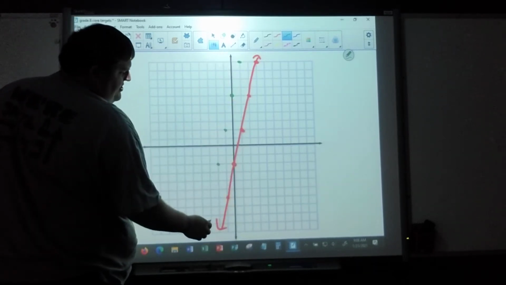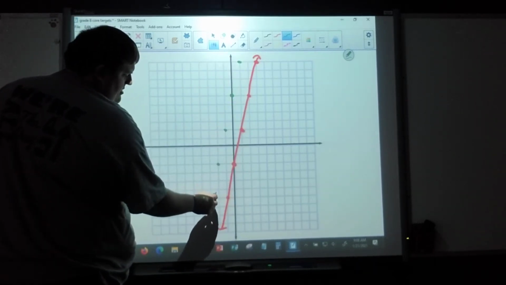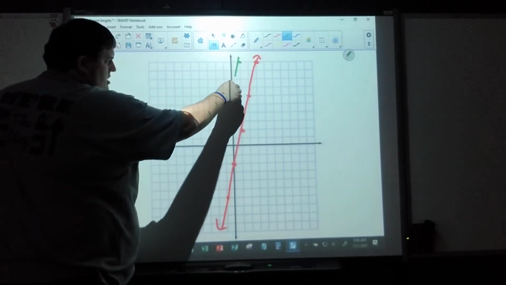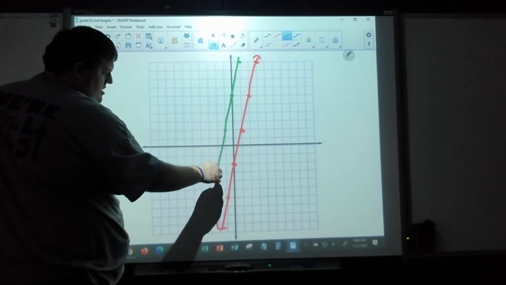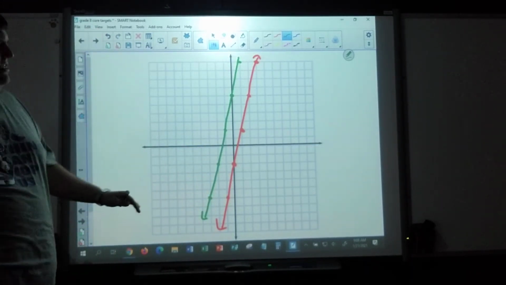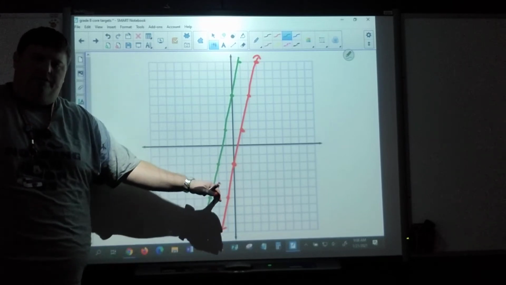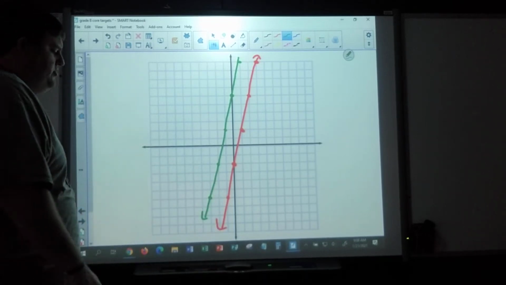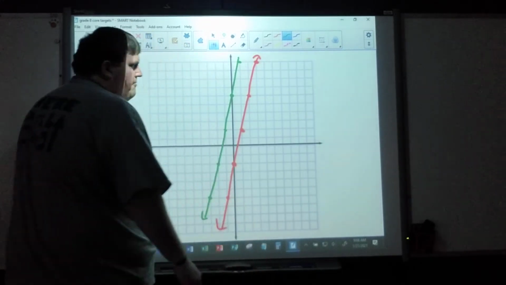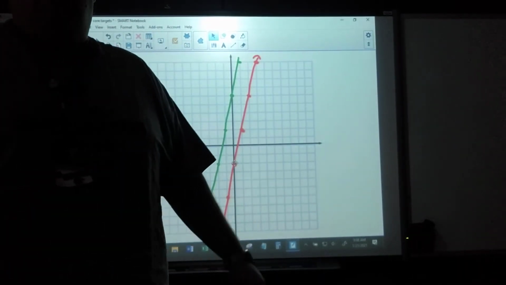If you take a look at these two lines, what you should be able to see is that these lines are actually parallel lines, which is really interesting here. So when we talk about where two lines are going to cross, because that's the solution we're looking for, right?